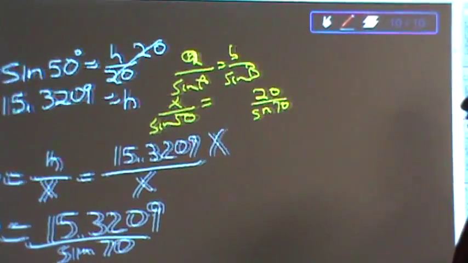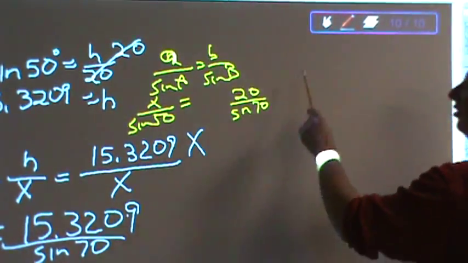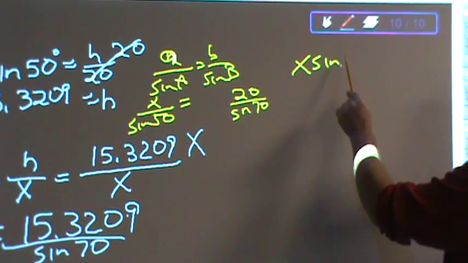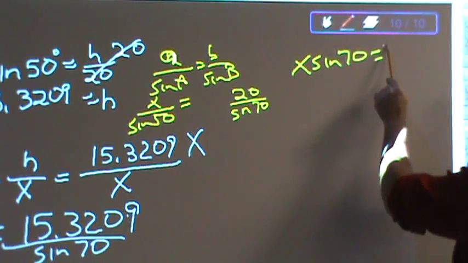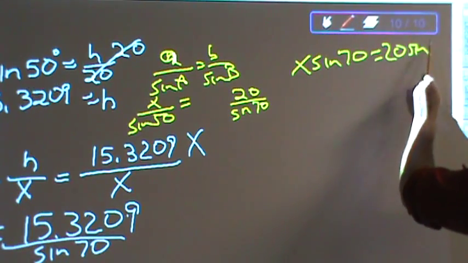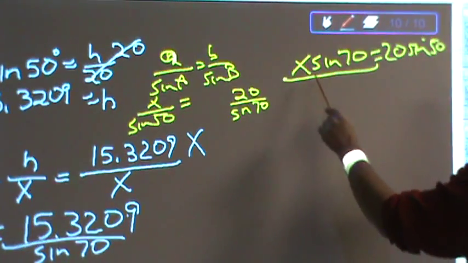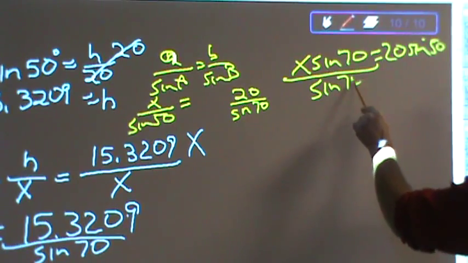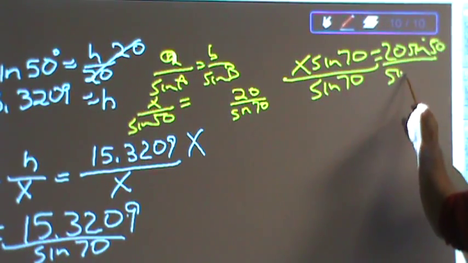And if I continue working on this by cross multiplication, x sine 70 equals 20 sine 50. Divide both sides by sine 70.